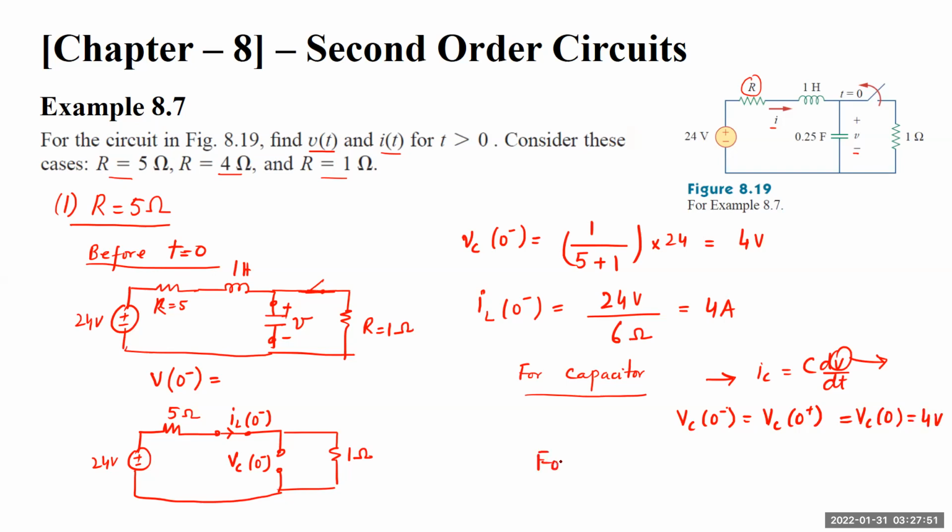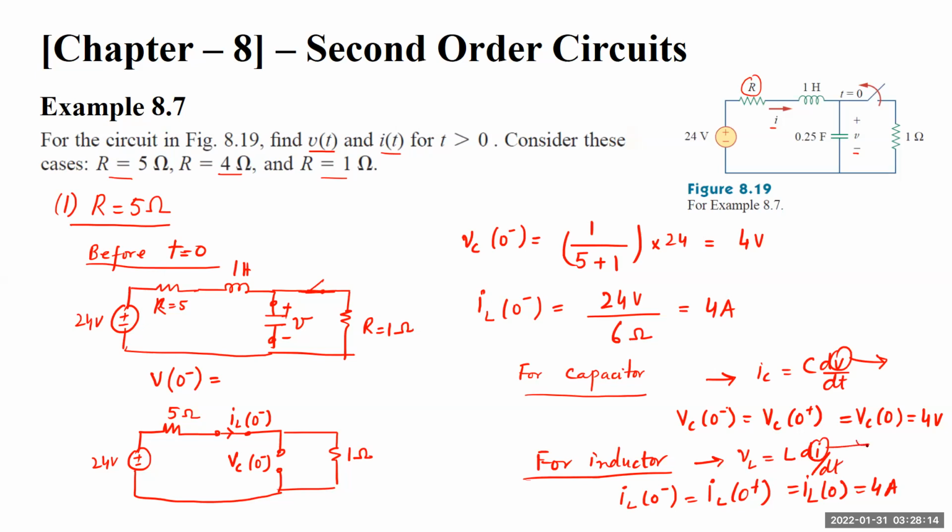Similarly, for the inductor, we simply use IL 0 negative equals IL 0 positive equals IL at 0, and this is 4 amperes. Remember, for an inductor, the voltage is given as V equals L times di by dt.